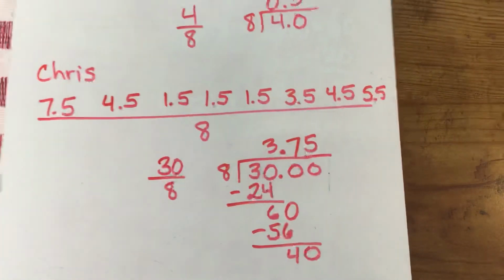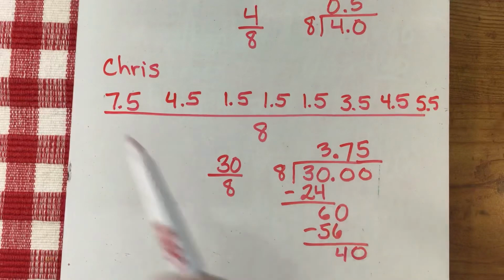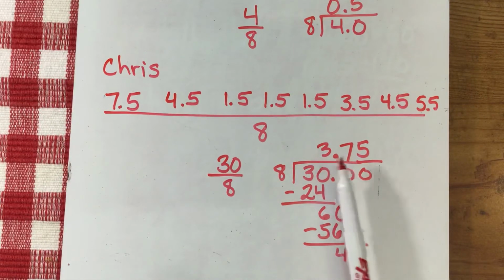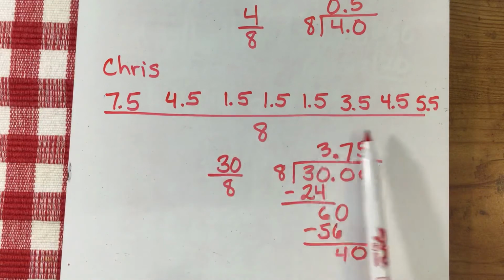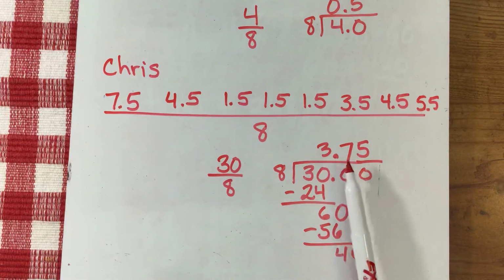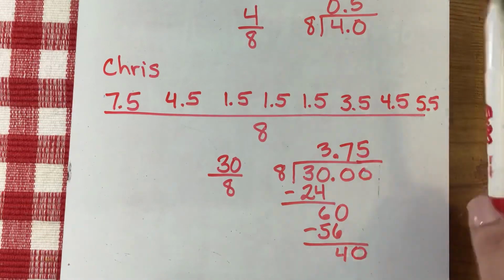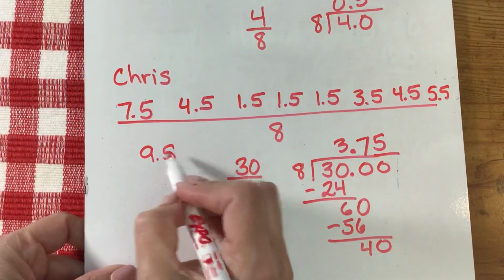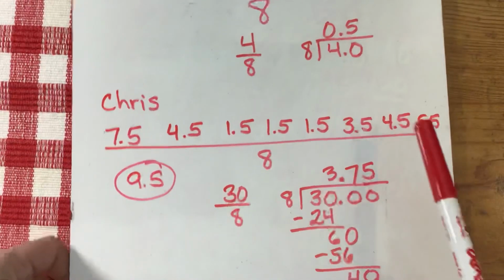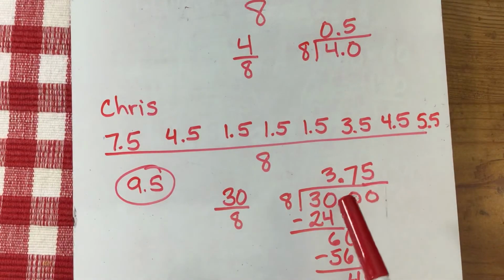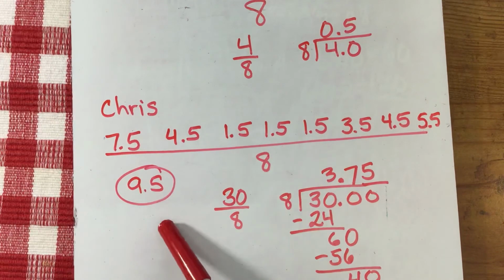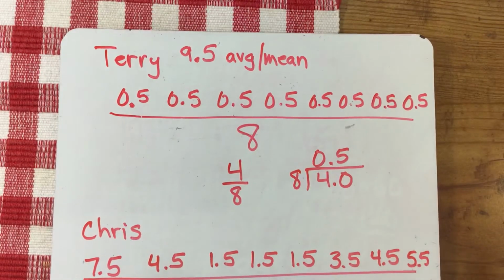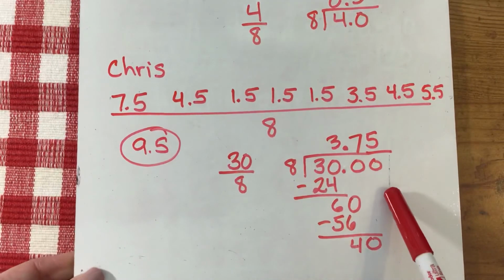Okay, Chris's, because Chris was all over the board, look at her difference between if she's averaging all of her mean of deviation to her mean, which was also the same as Terry, 9.5. So all of her scores weren't consistent. So she was farther away from 9.5 than Terry was. Terry was a lot closer. She was way far off.